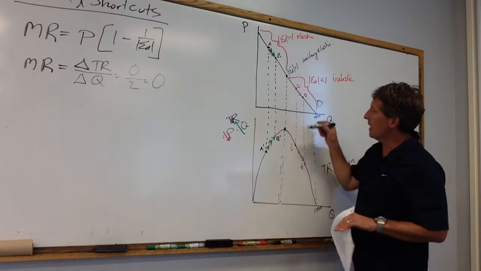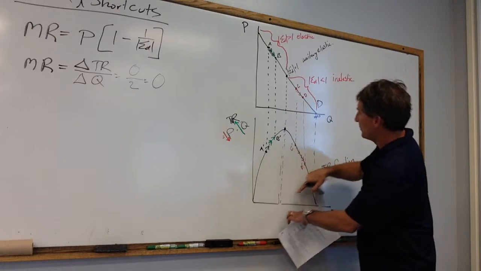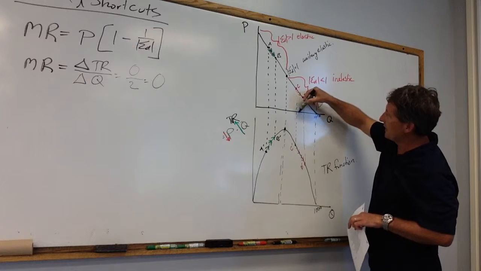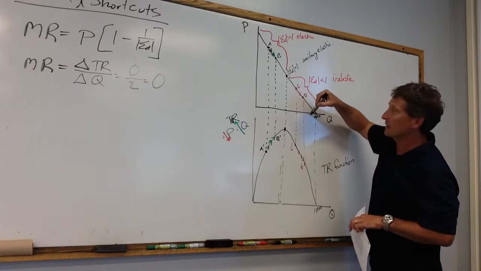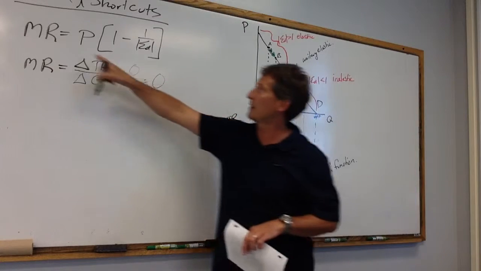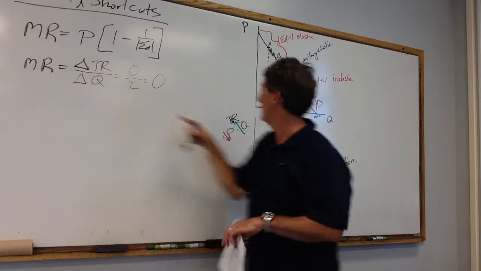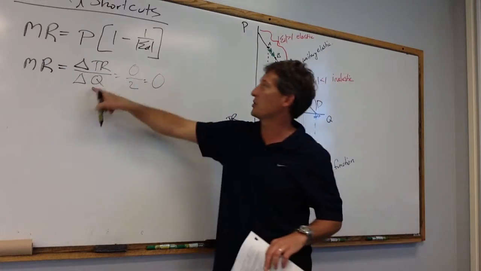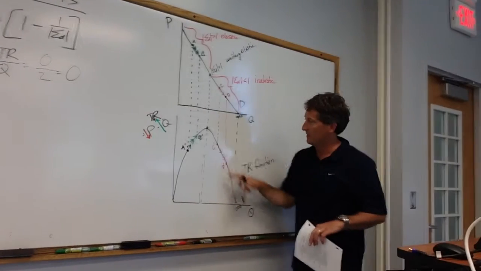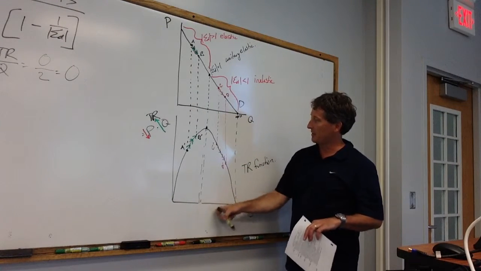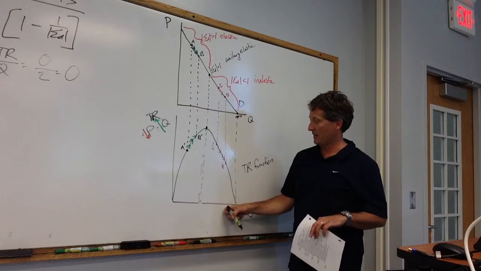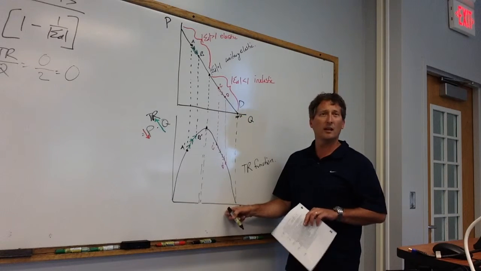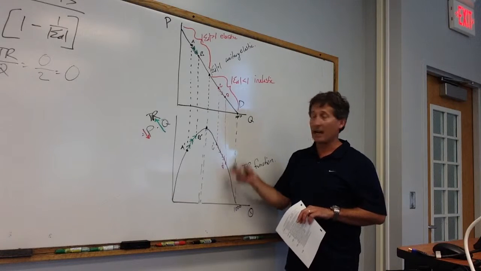And then as we continue to move this way, the revenue generated by these additional units is what? Going back to this part of the formula, change in total revenue over the change in quantity. If I'm increasing quantity, I went from this unit to this unit, it'd be negative, right?